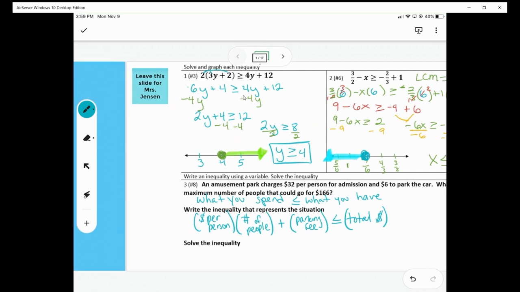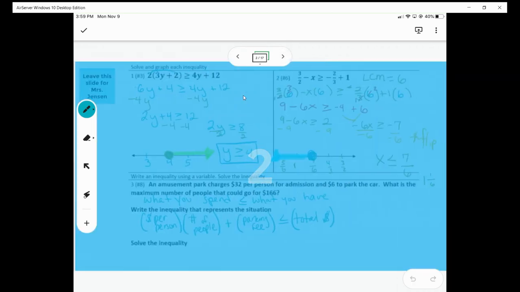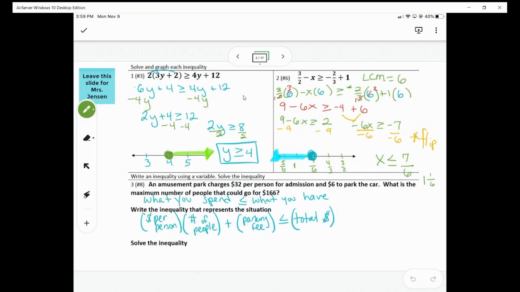So now let's fill in the values that we know. So the cost per person is $32. We don't know the number of people, so we're letting X equal the number of people. So 32 times X plus that one-time parking fee is less than or equal to 166.